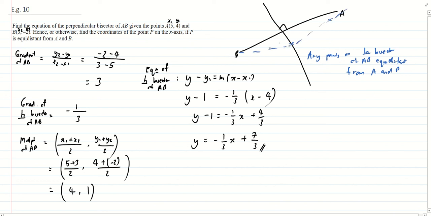If I select this point over here, it will be equidistant. It doesn't matter where. As long as it is on the perpendicular bisector, it will be equidistant from the two endpoints of the line that it bisects.